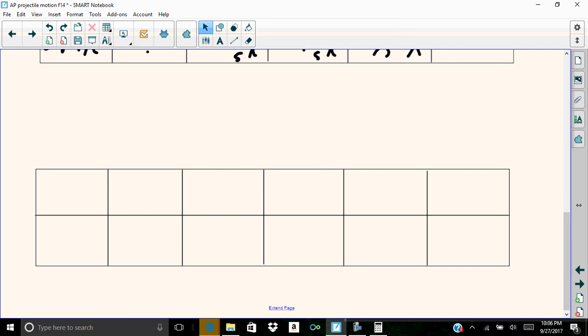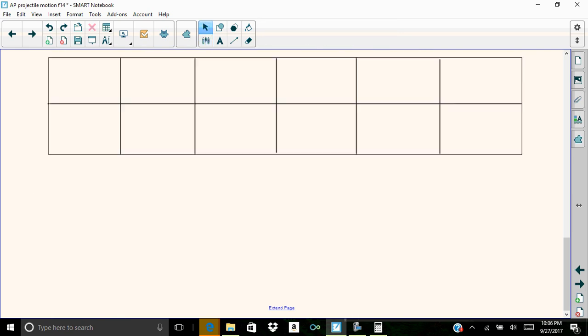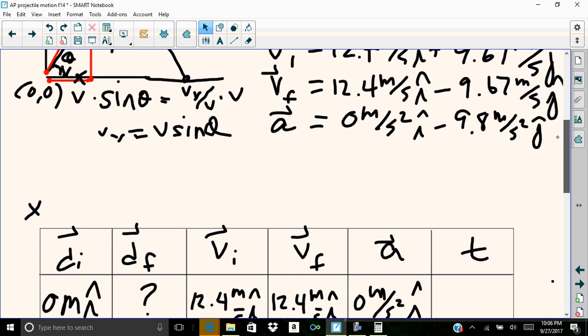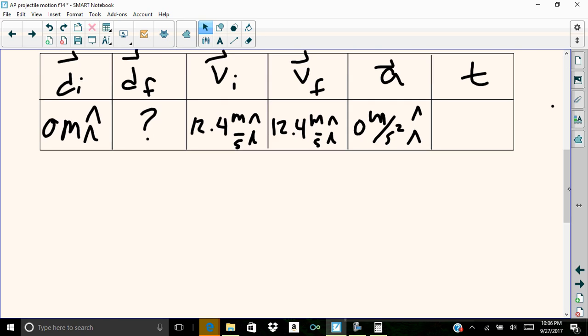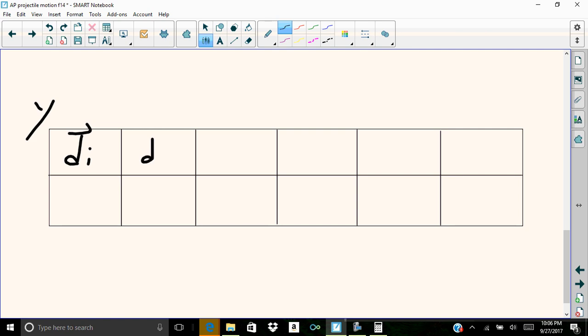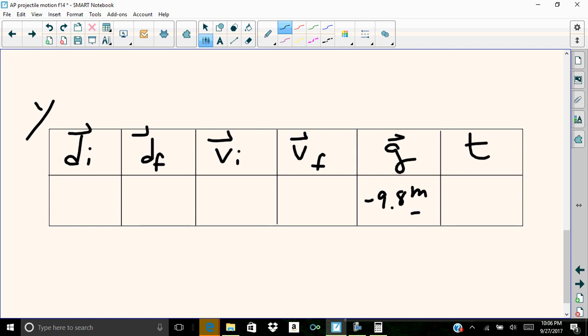What I'm going to do is give myself a lot more room to solve a problem up here. So I'm going to give myself some room, and I'm going to put my boxes down here. Okay, so I have D initial for the y direction, D final, V initial, V final, G, and T. G is negative 9.8 meters per second squared J hat.